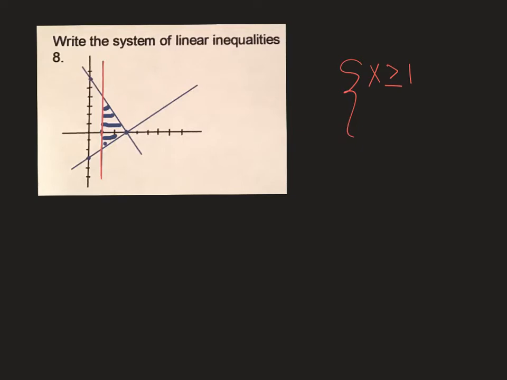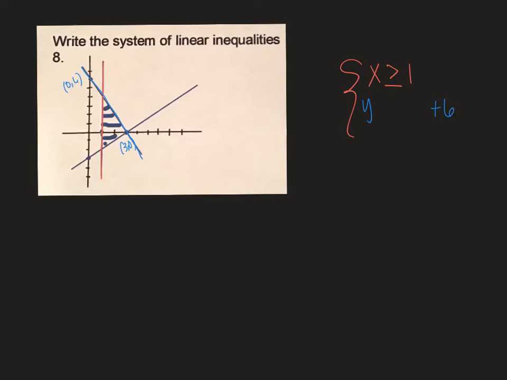So then we move on to the next line. I'm going to use this one here. So we have this point at 0, 6, and then this point here at 3, 0. So we know that our y-intercept is 6.